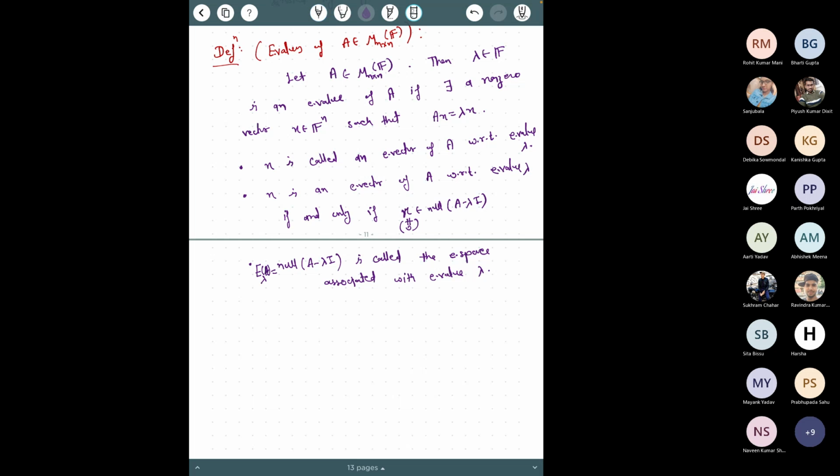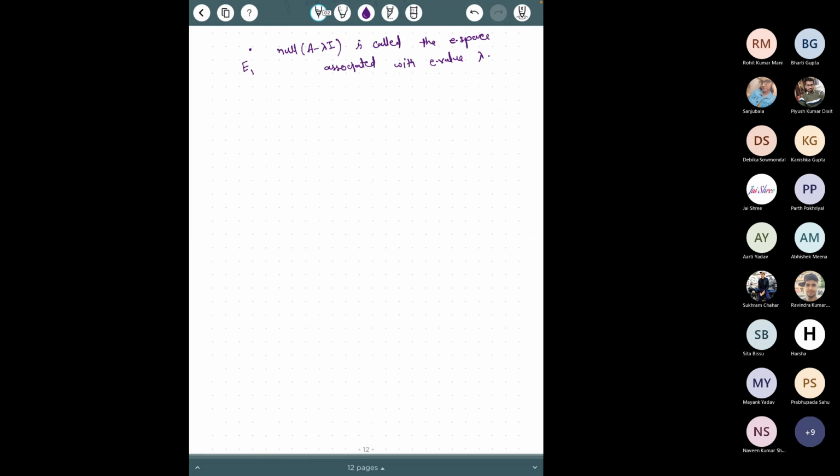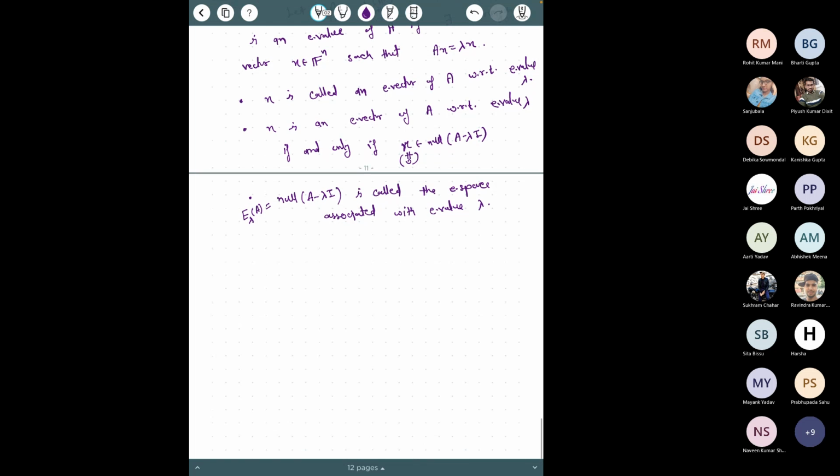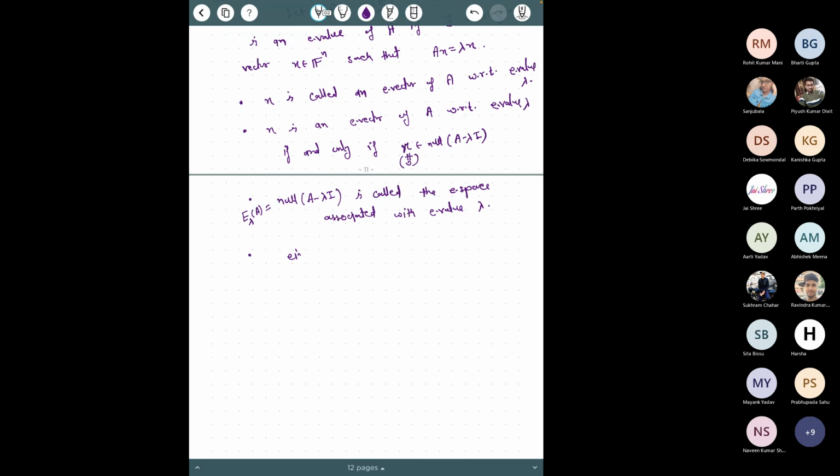We can fix some notation so we don't have to write this every time: E lambda of A denotes the eigenspace corresponding to eigenvalue lambda. And again, eig of A will denote the set of all eigenvalues of A.